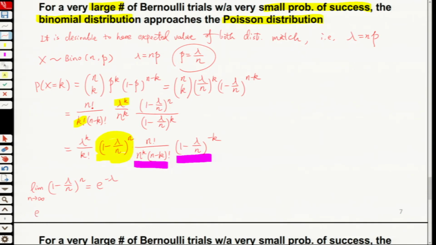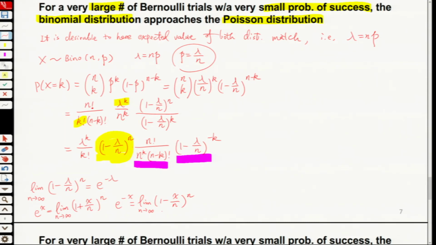because exponential x is actually the limit as n goes to infinity of (1 plus x over n)^n, okay? And exponential minus x equals the limit as n goes to infinity of (1 minus x over n)^n. So here we just replace x with lambda.